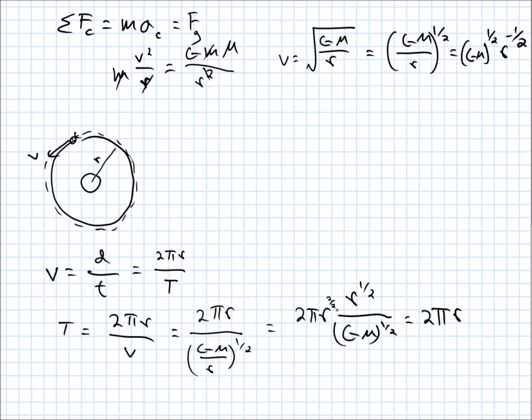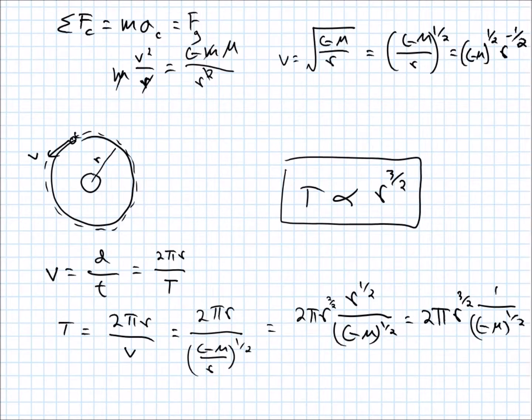This is the same as r to the 2/2, and so it ends up being r to the 3/2 there, times 1 over GM to the 1/2. Okay, so it looks like T is proportional to r to the 3/2. Another thing we wanted to find is, how is kinetic energy proportional to the radius?